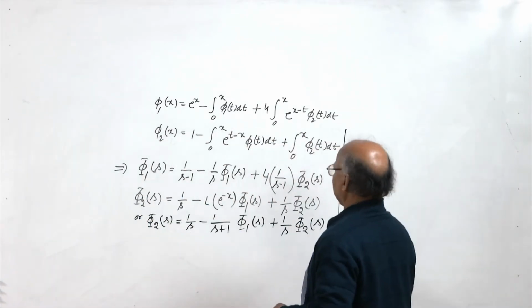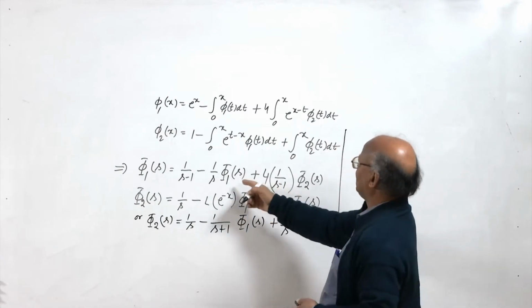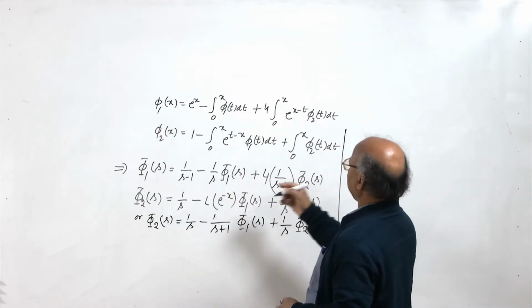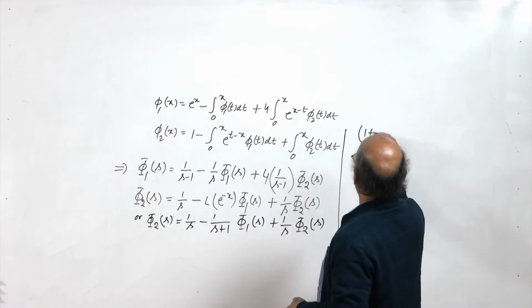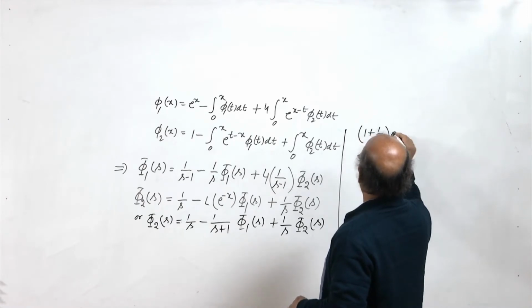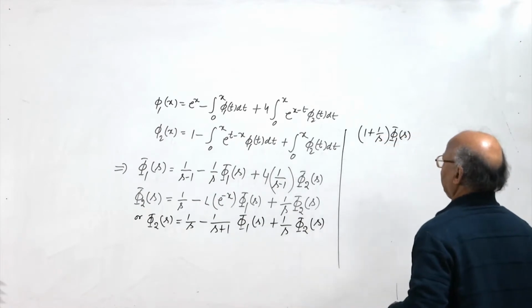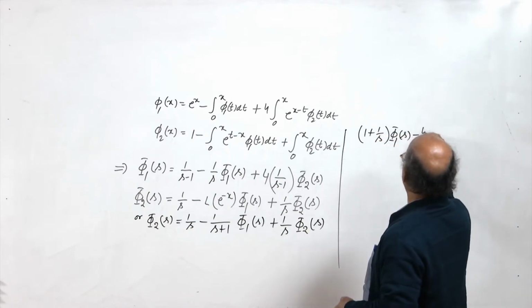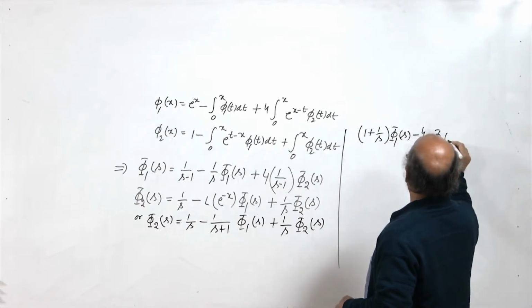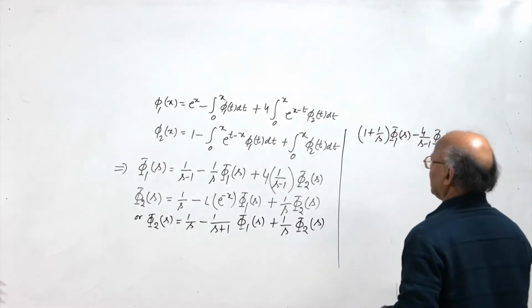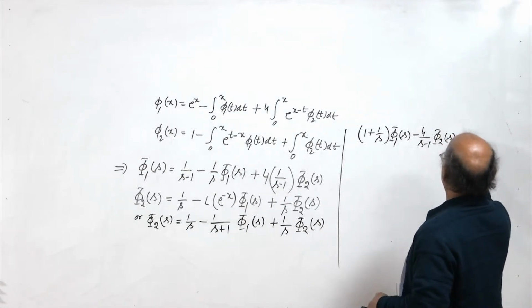Let us now write it as an algebraic equation in phi 1 s and phi 2 s, a linear system. Let us pick up the first equation: 1 plus 1 by s into phi 1 s minus 4 upon s minus 1 into phi 2 s equal to 1 over s minus 1.